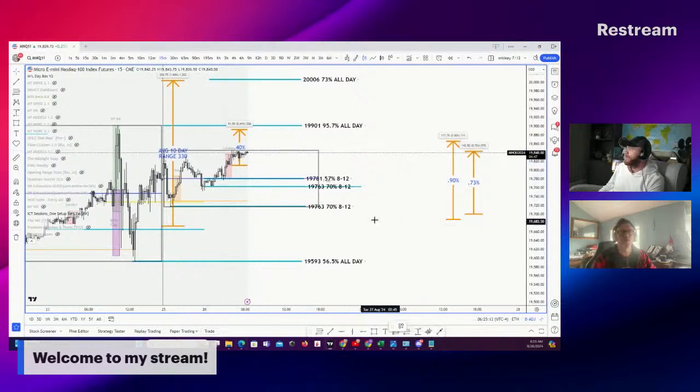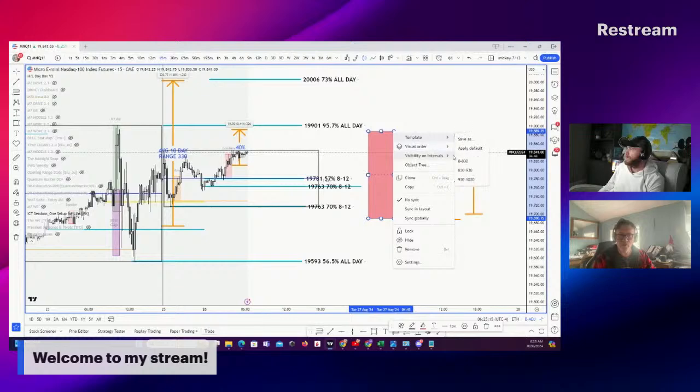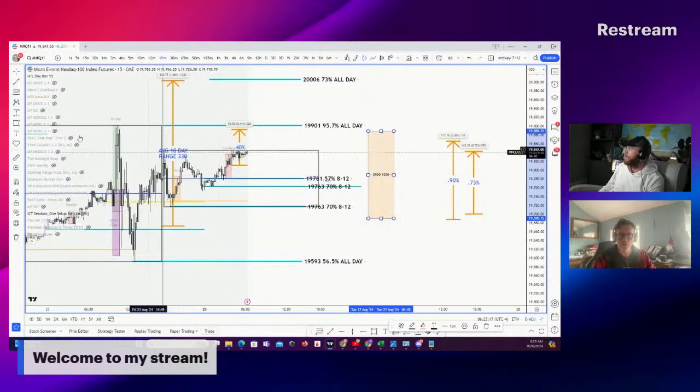So we take 9:30 and 10:30, draw a box, put on an opening range, 146. Run my code.